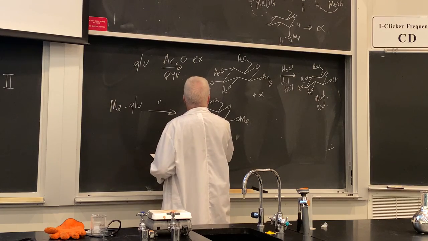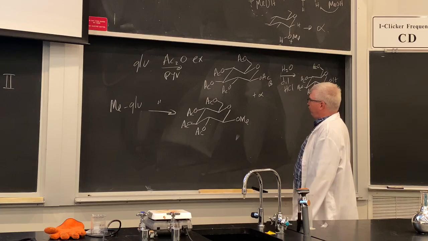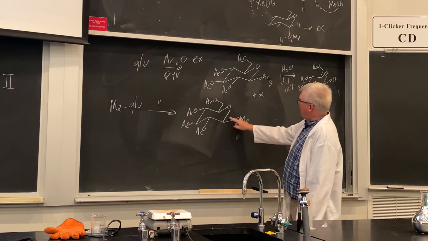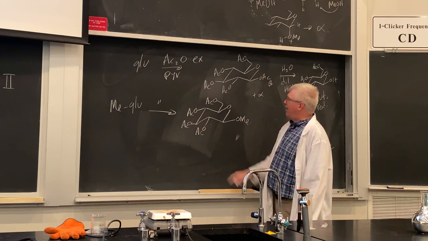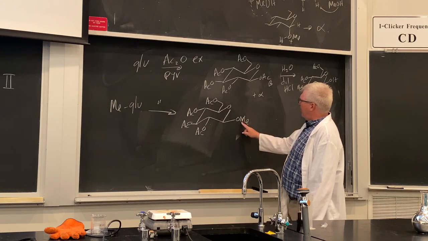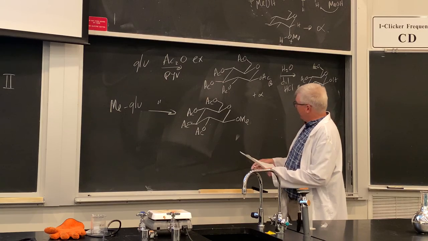And you see that's another way to get different ones on there. This is stable to base, so there'll be no reaction here. But these we could take off with hydroxide and have different types of products showing up. But the methyl ether there is good.